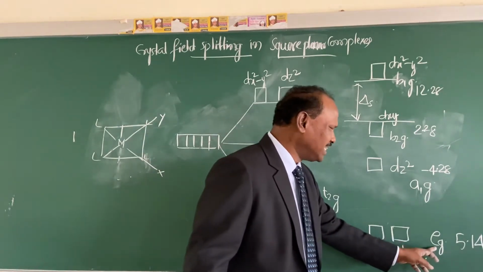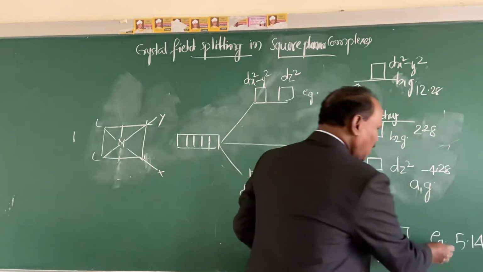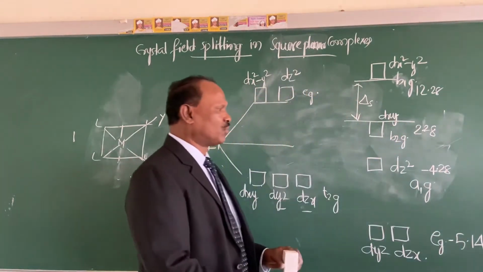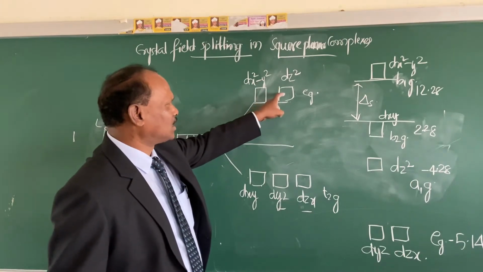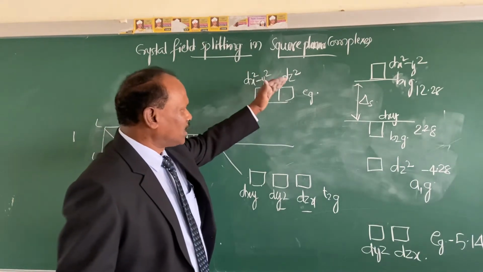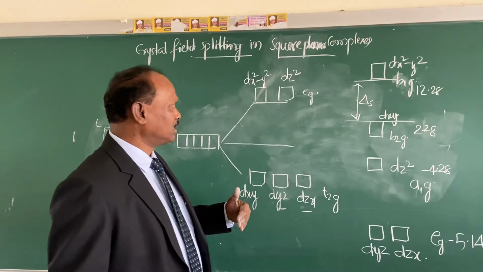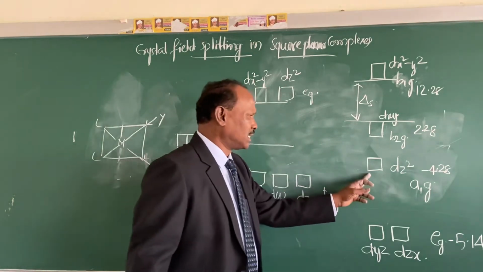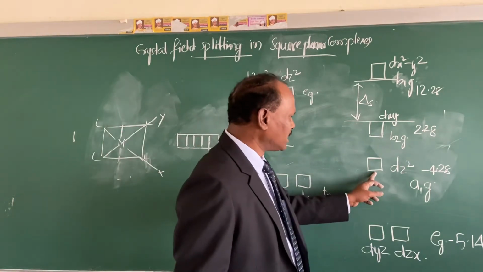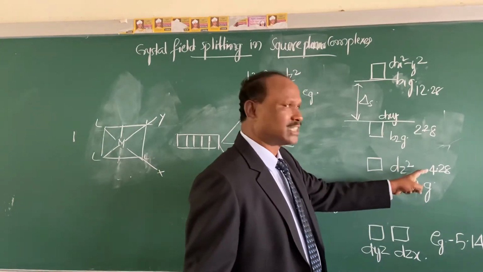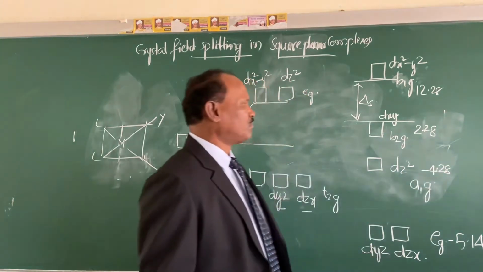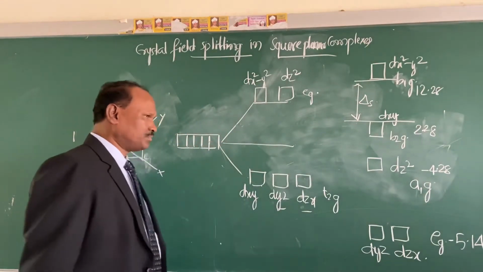They are called Eg orbitals, and their energy is minus 5.14 Dq. And there is one orbital, dz square, which also suffers minimum repulsion. Therefore, it is also lowered in energy. I have written dz square here, and it is denoted as A1g orbital, and its energy is minus 4.28 Dq.